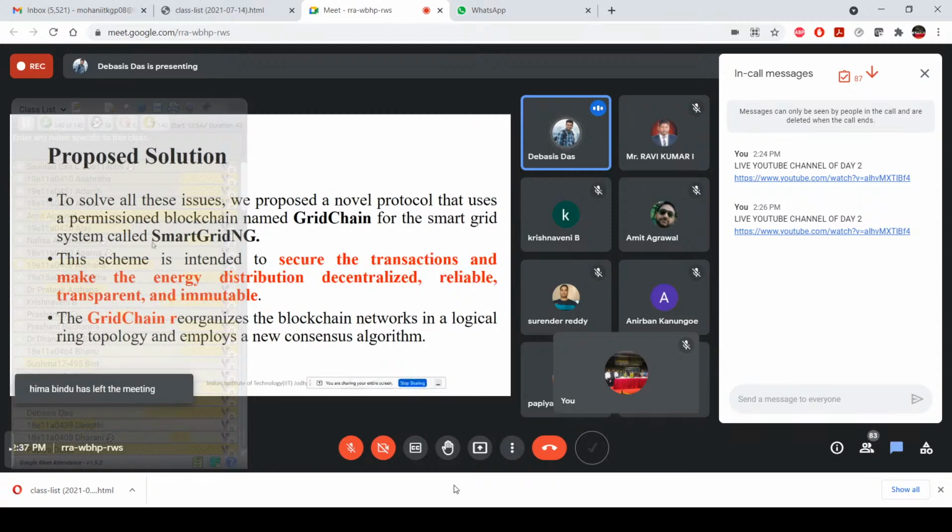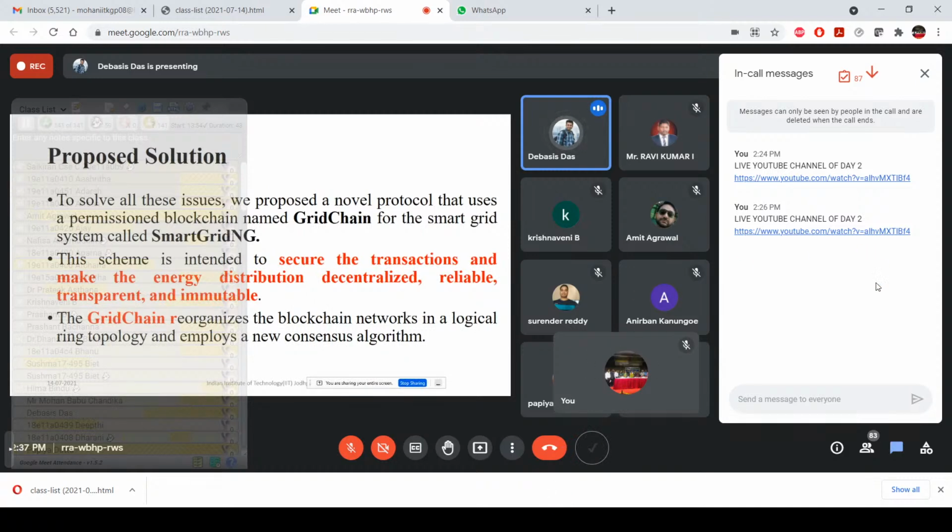This scheme secures the transaction and makes the energy distribution decentralized, reliable, transparent, and immutable. So our objective is this. Grid chain is basically a concept, a modified blockchain technology. Why do we modify the blockchain technology?